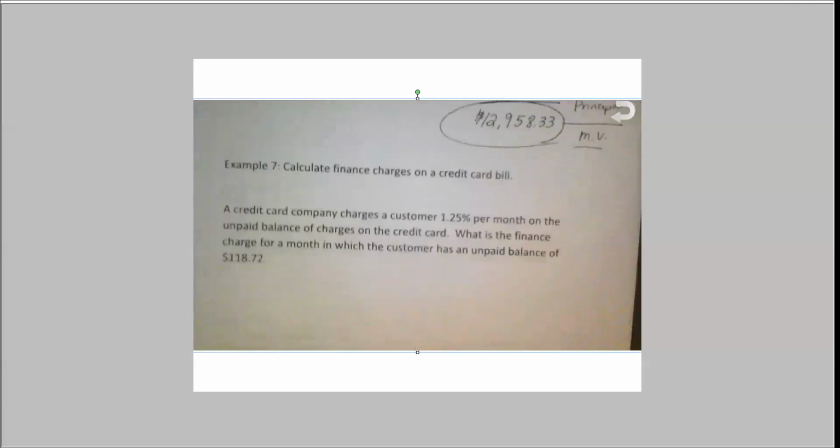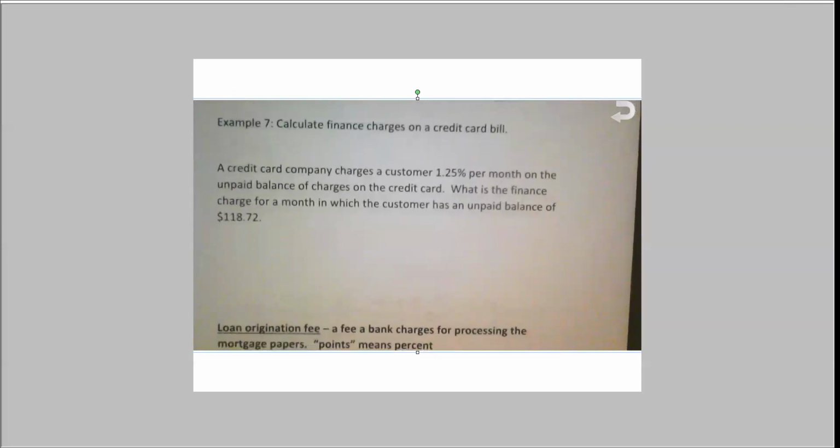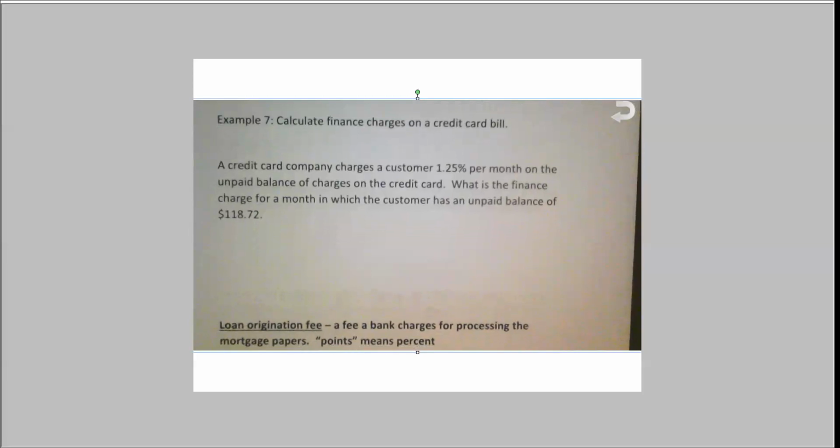Okay, example 7 says calculate the finance charges of a credit card bill. A credit card company charges the customer 1.25% per month on the unpaid balance of charges on that credit card. So what is the finance charge for a month in which the customer has an unpaid balance of $118.72?